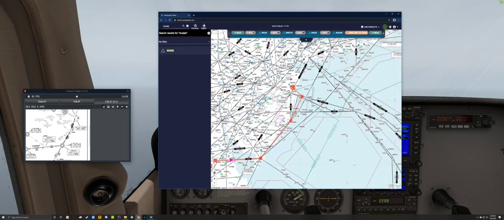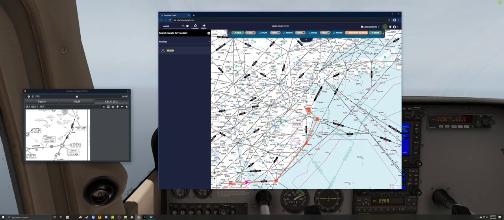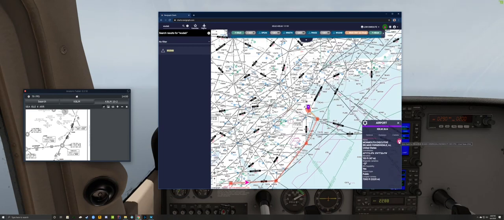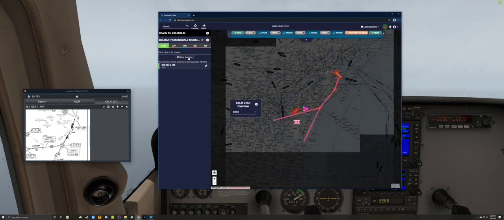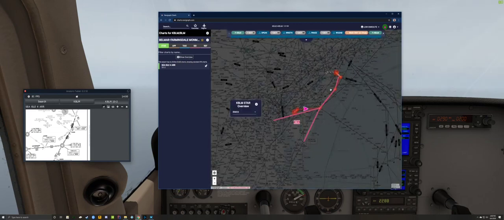Good way to understand your charts is to go to the web-based, select the destination airport, and hit this little button. And it'll show you all of the charts for that airport. Standard arrival. Show overview. Well, look at that. There is one, and you can get onto it from a couple points.